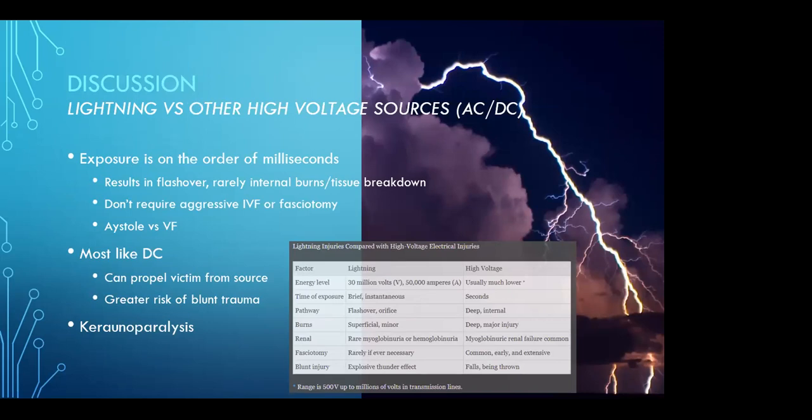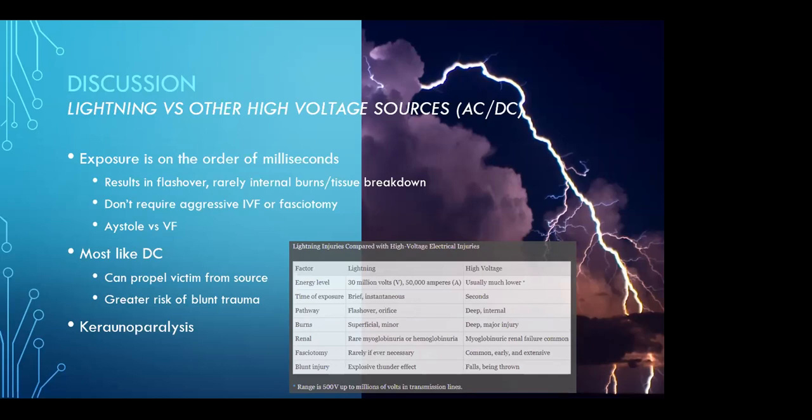Julie did a great job of going through a lot of these, so I won't belabor the point, but one of the things they focused on was the comparison of lightning versus other high voltage sources. That table is from Auerbach's chapter on lightning injuries, but I think it does a good job of summarizing some of the points that the article made. So basically, lightning is neither AC or DC current, but if you're going to compare it to something, it's most like DC.